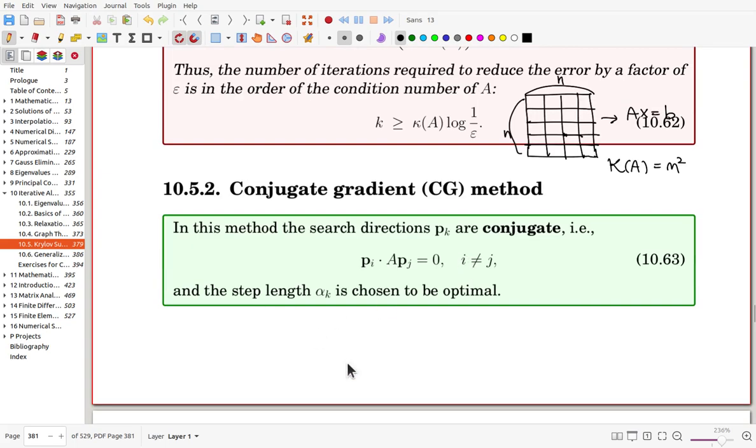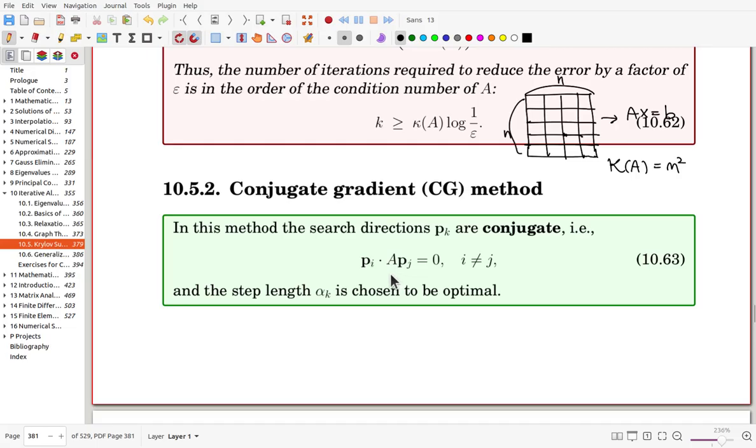Okay, here we have a new method, the conjugate gradient method. Now in this method, we try to find the search directions so that they are conjugate. That means the search directions Pi, Pj satisfy this equation. So with respect to the metric, this dot product is 0. So each search direction is orthogonal to the others with respect to this metric.